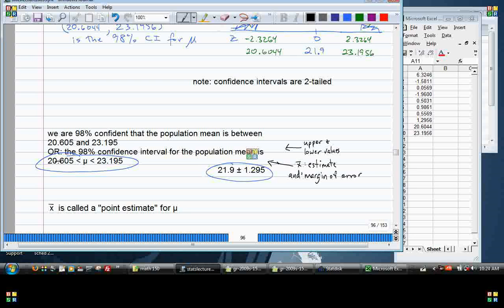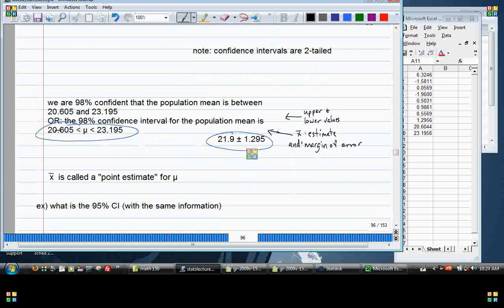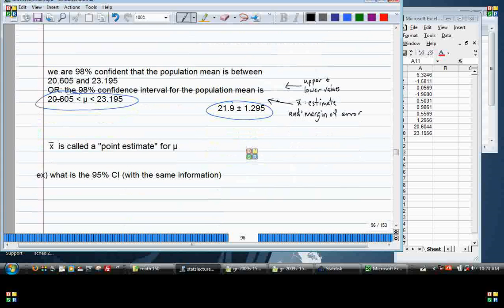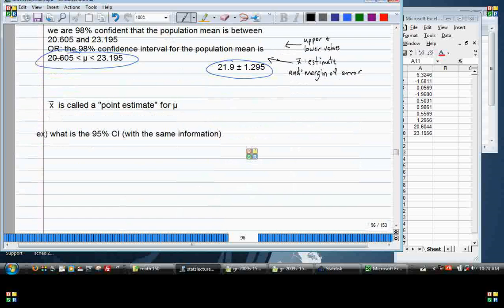Okay, so I want to do this problem again, but this time I'm asking for a 95% confidence interval. So for a 95% confidence interval, what do you have to do? Draw the picture.